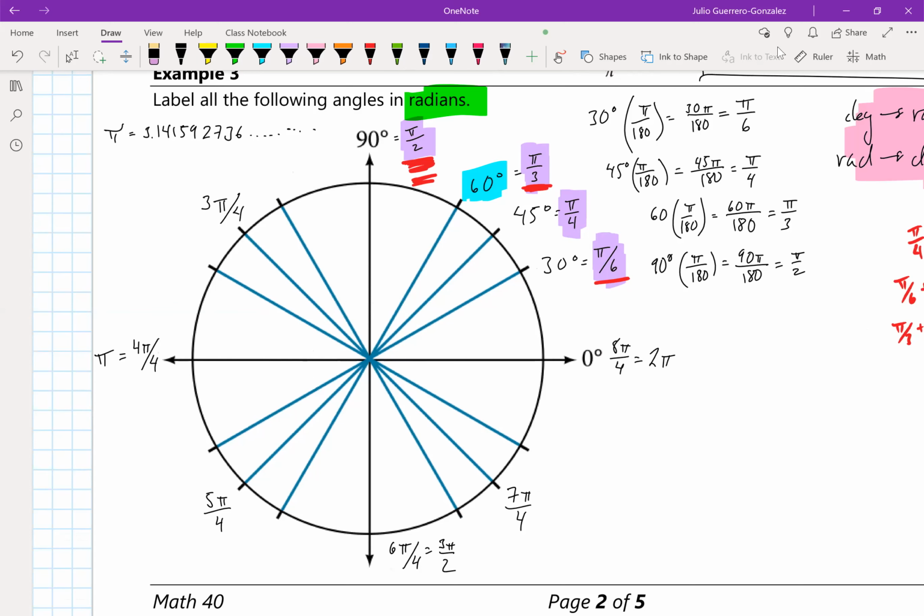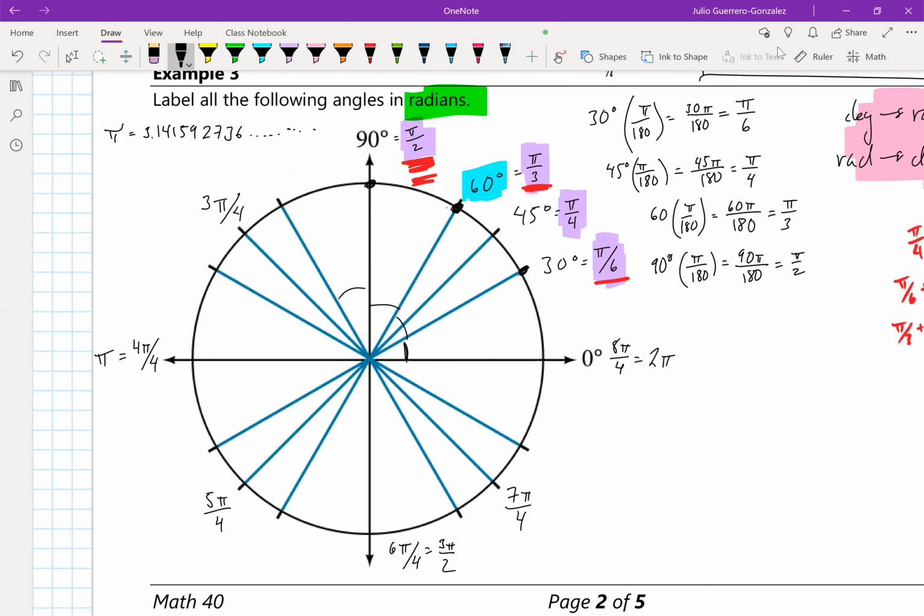We're going to do the same thing with the pi over 6s. 1, 2, 3. So we know from here to here, so this is pi over 6 up to here. 2 pi over 6, which reduces to pi over 3. 3 pi over 6.